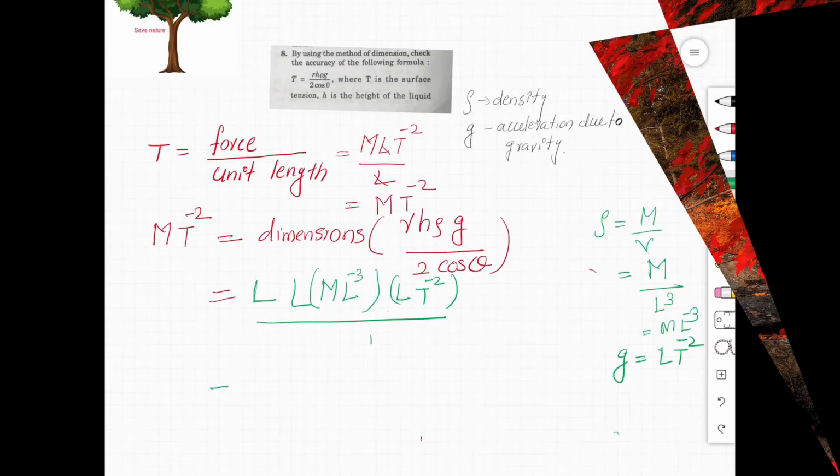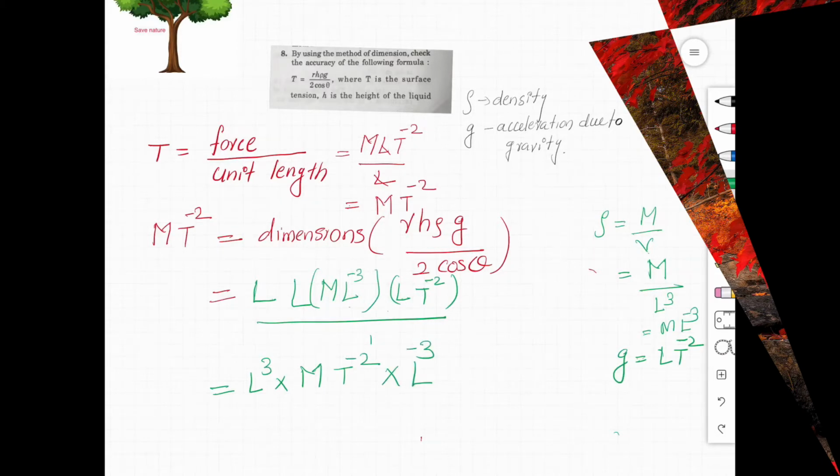Which is equal to L into L will be L square, and L square into L will be L cube. So I am writing L cube into M, then T raised to minus 2 into L raised to minus 3.